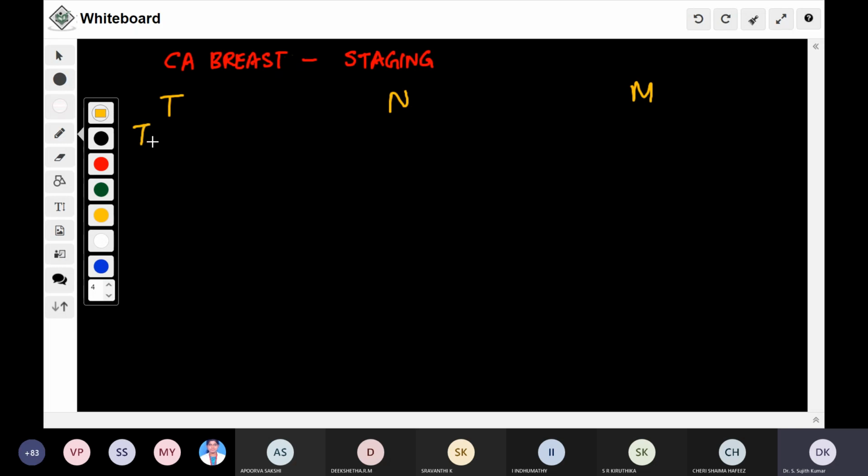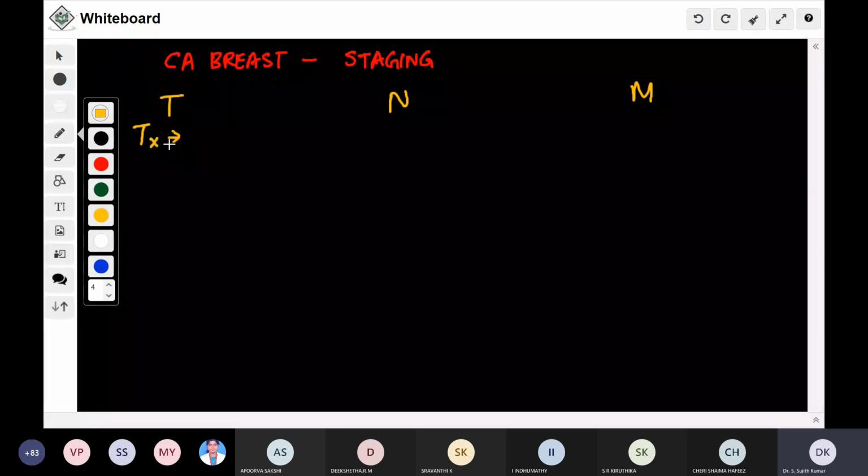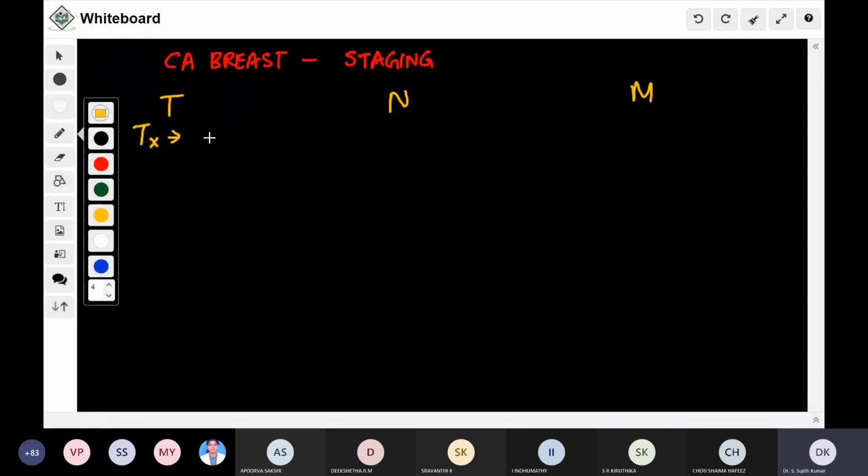First we'll start with TX. What do you mean by TX? That means the tumor cannot be assessed. I will tell you one clinical scenario.